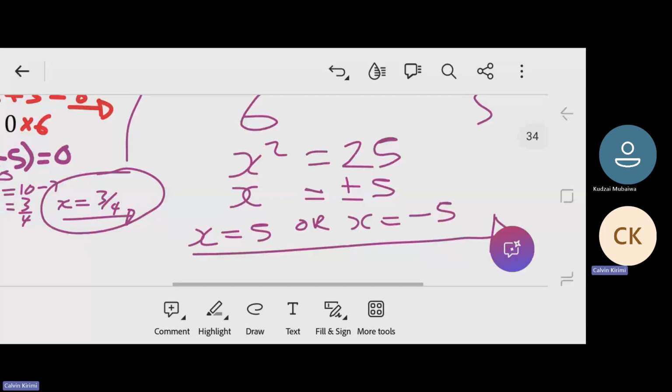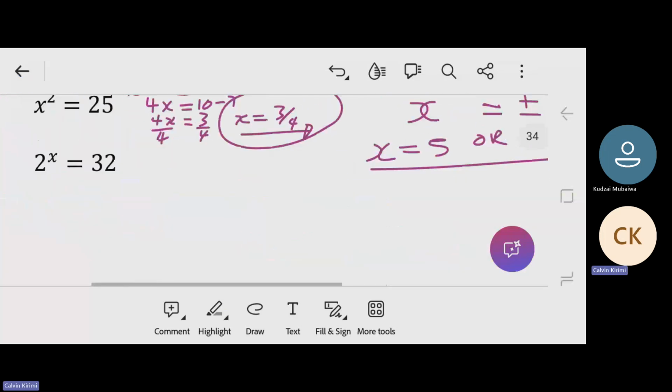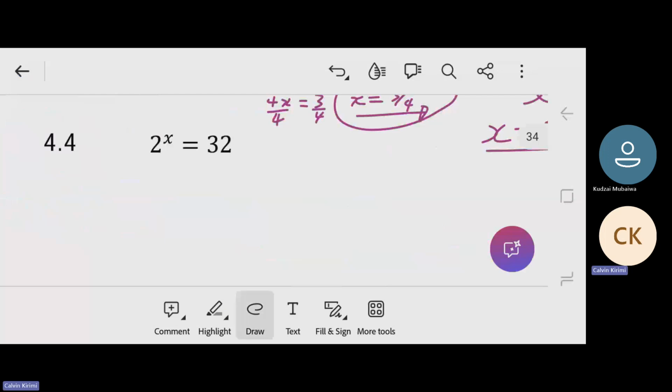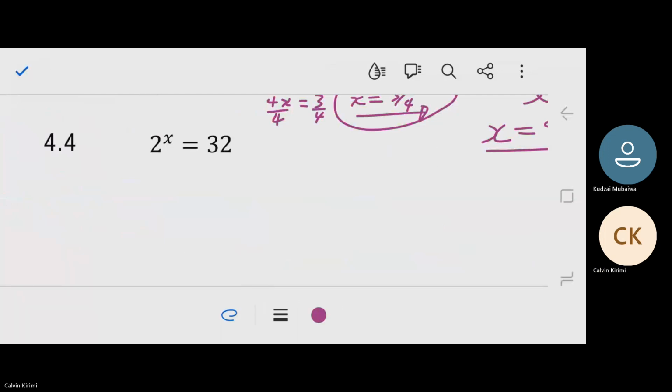And let's go to the next one, which is saying 2 to the power x is equal to that. So what is the answer there? Try it, then you tell us.